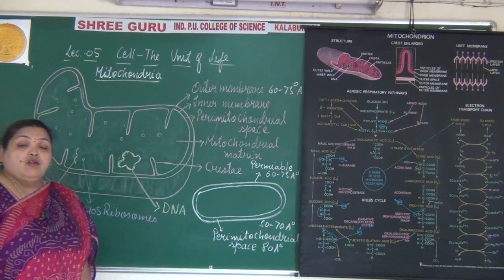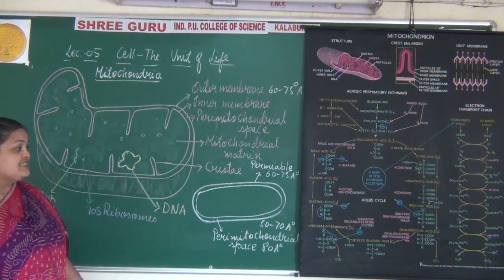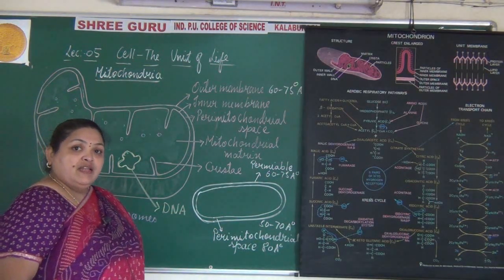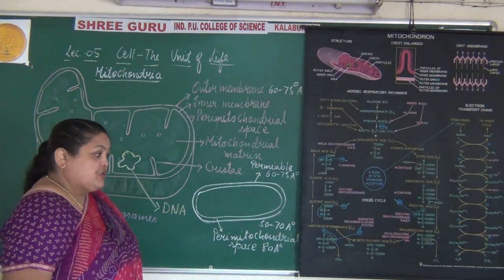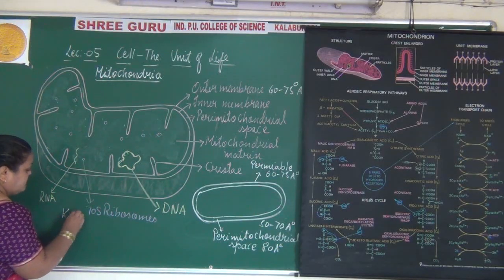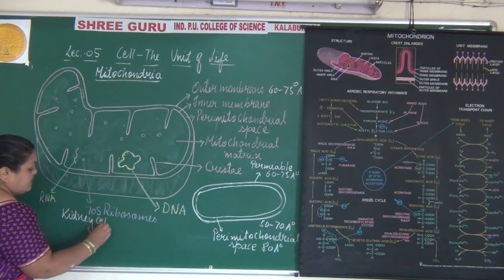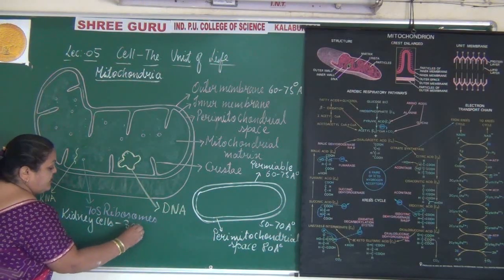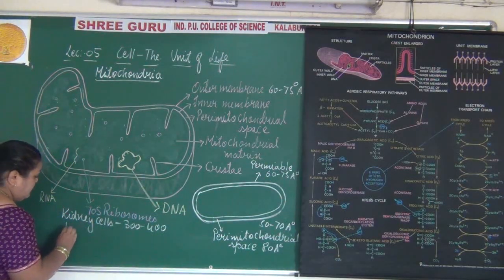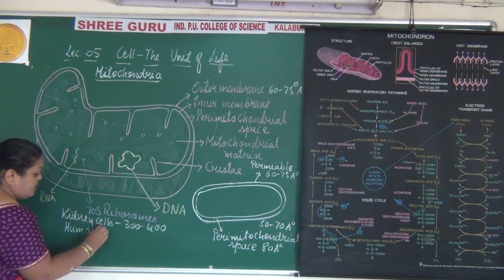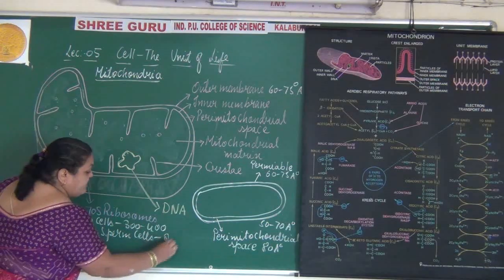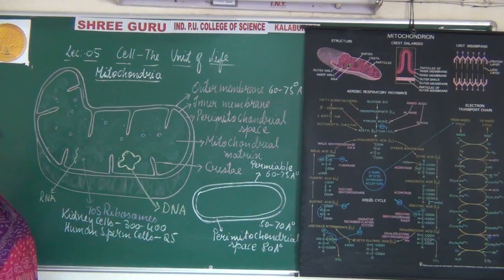If you come to the number of mitochondria, as it was first observed in the muscle cells, other cells were also observed to find out the number of mitochondria. In the kidney cells, you can find around 300 to 400 mitochondria, while a human sperm cell itself has 25 mitochondria.